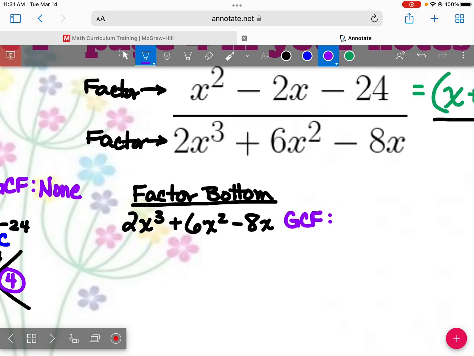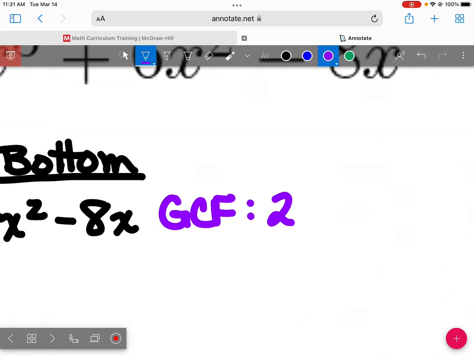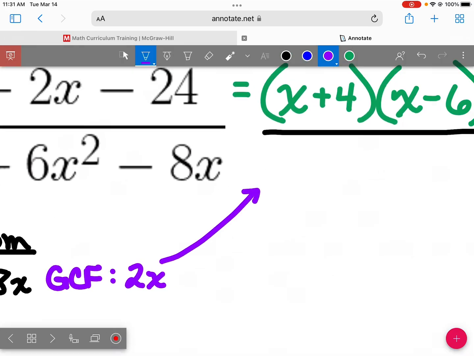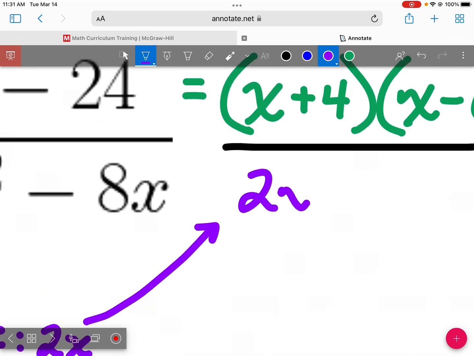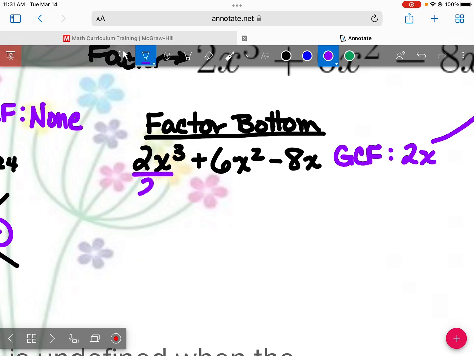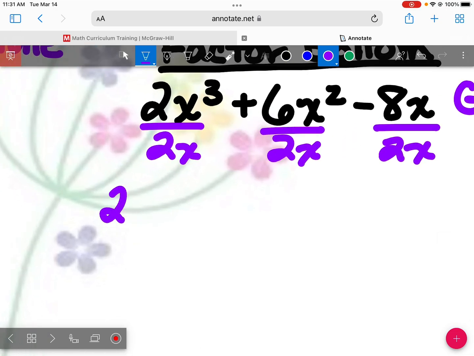What is the GCF? 2 and x. Every single term can be divided by 2, and every single term has an x in it. That GCF has to come up here. So then I'm going to take it out of each piece. So I would have 2x.